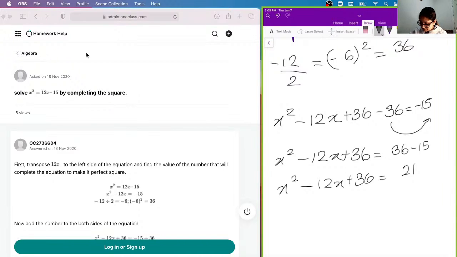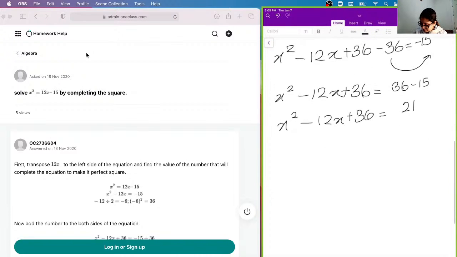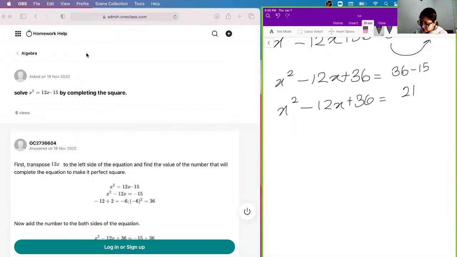Okay, and now since we have 21 here, to make this a perfect square, we have to complete the square.